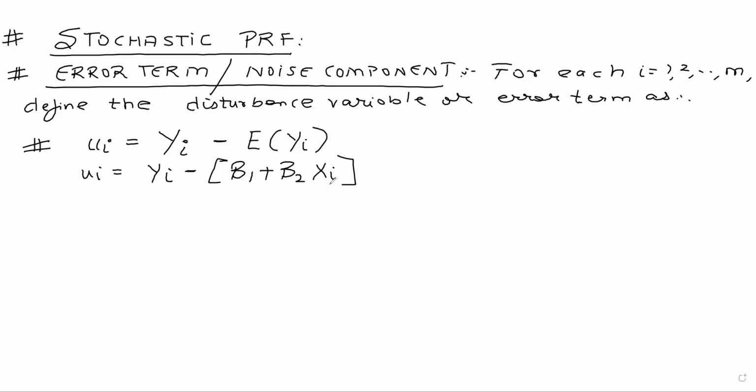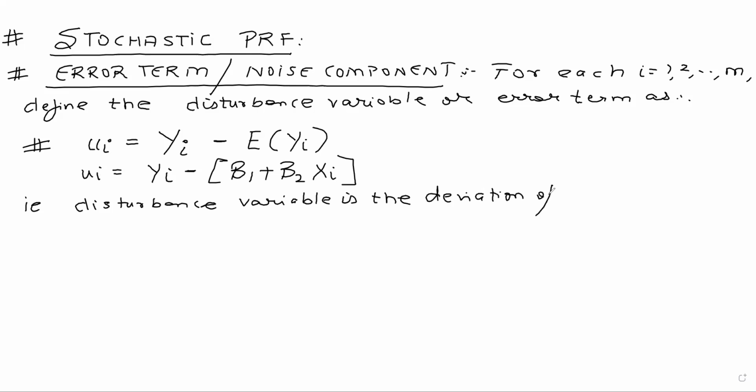Okay. So the disturbance variable is the deviation of the actual y from its mean.